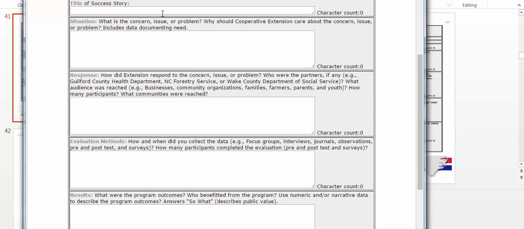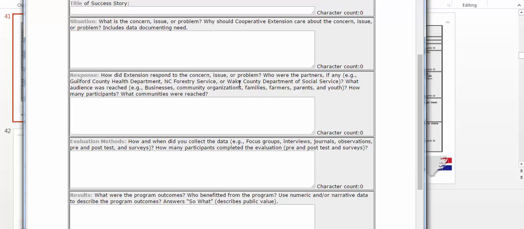You give it a title, and you answer these questions: the situation. What is the problem? Why should Cooperative Extension care about or be concerned about this issue? And it can include data which document the need. Maybe you say, for example, that the childhood obesity rate is higher than the state average in this particular county.